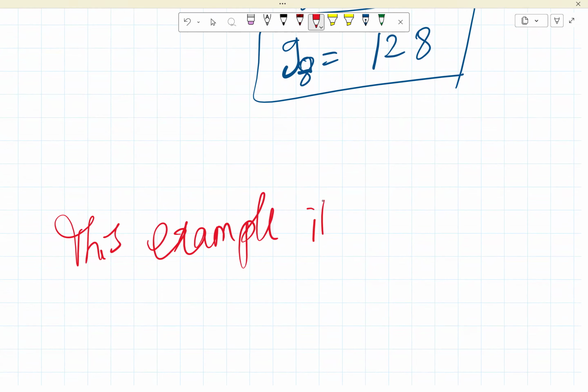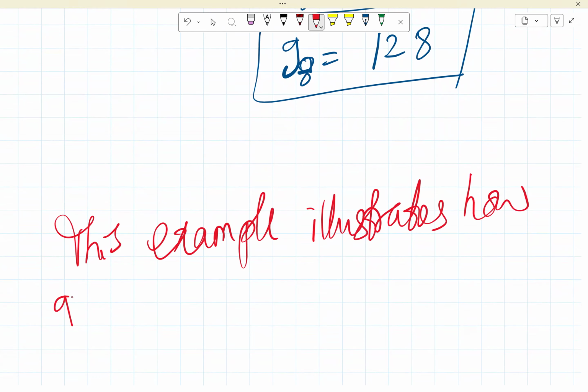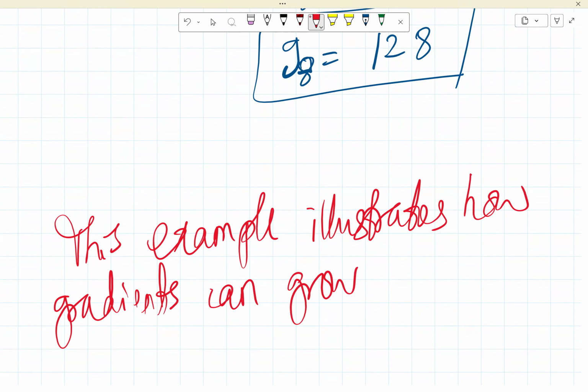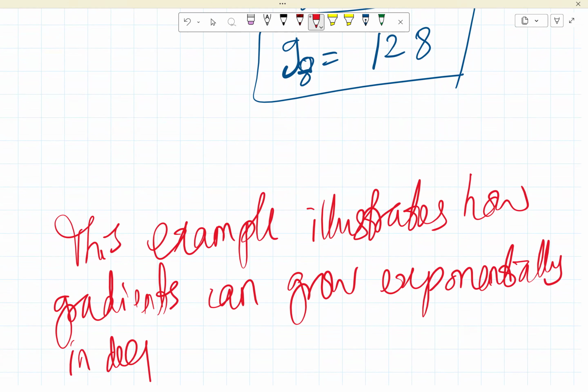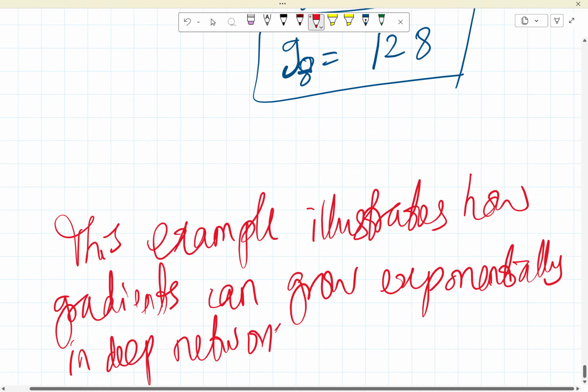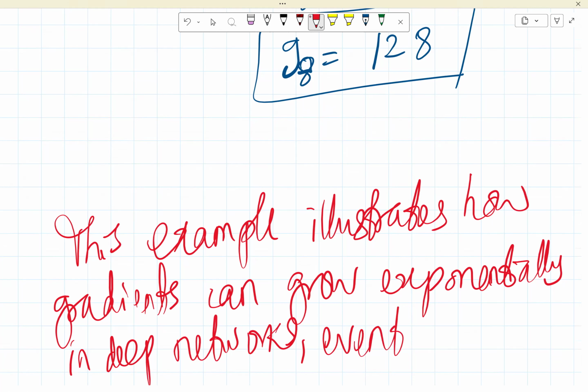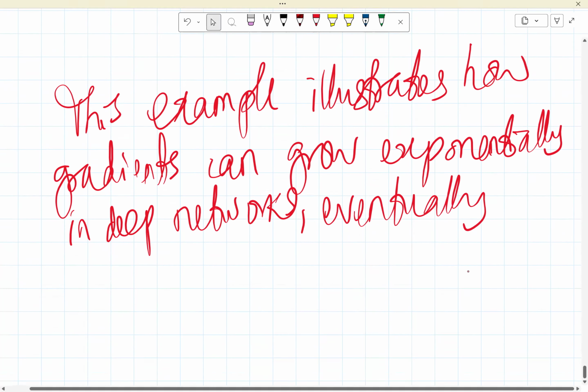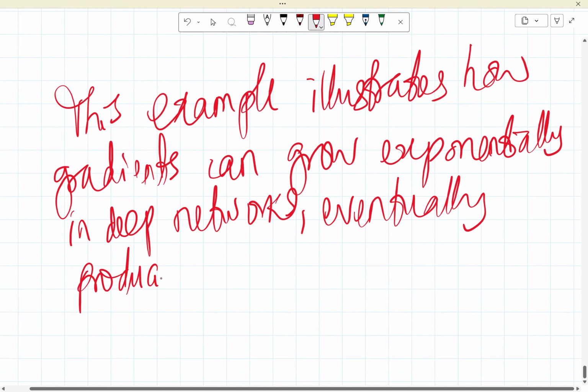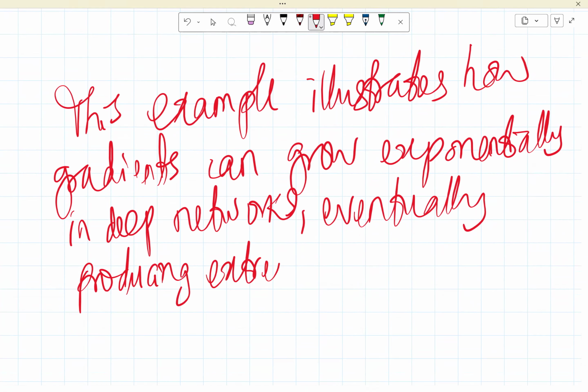This example illustrates how gradients can grow exponentially in deep networks, eventually producing extremely large parameter updates.